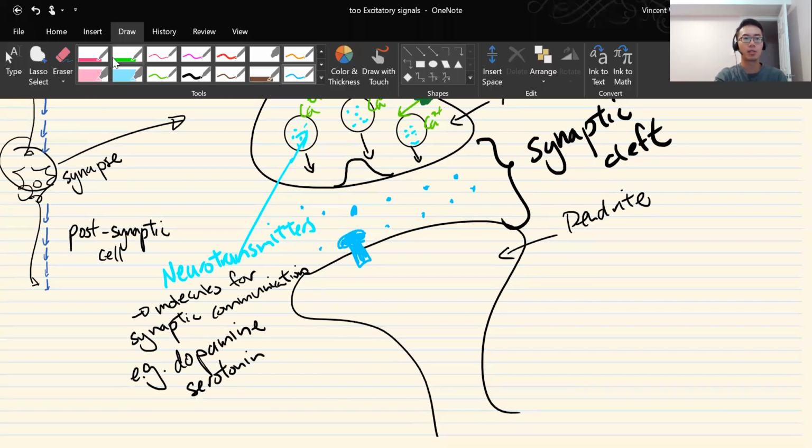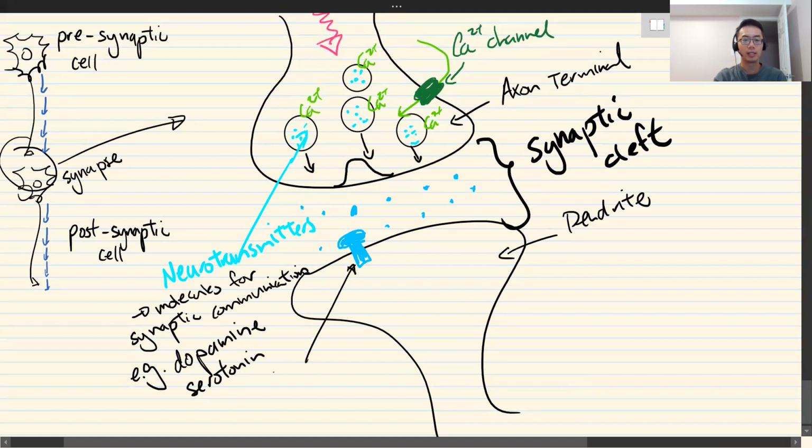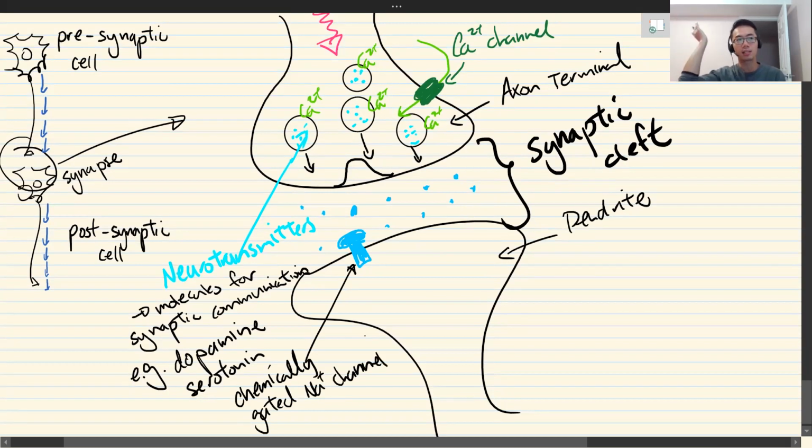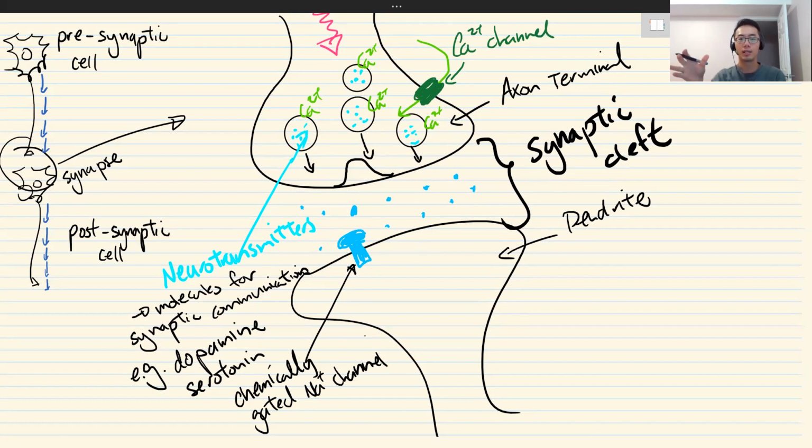So this receptor is, let me tell you what it is called. This is called a chemically gated sodium channel. Okay, before, the stuff that we talked about in the action potential, those are voltage gated, right?